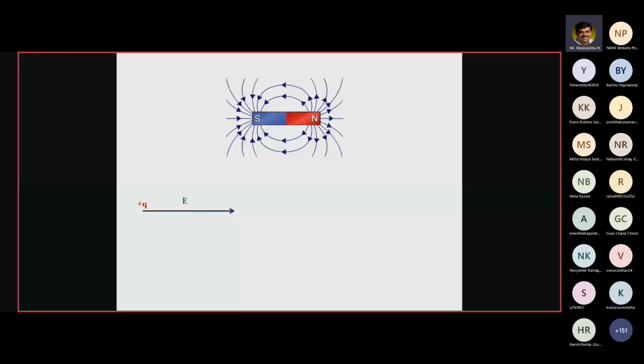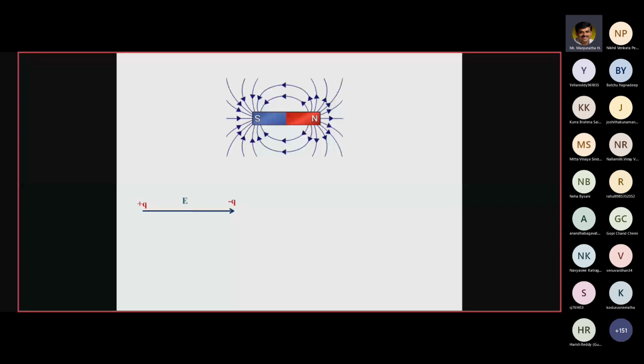See, my question is, I have written one diagram here. Whenever I put an arrow mark like this and write E on top, as soon as I write electric field, immediately you know that this side it is plus and that side it is minus. You know the reason: to understand electric field, we have taken a positive test charge.